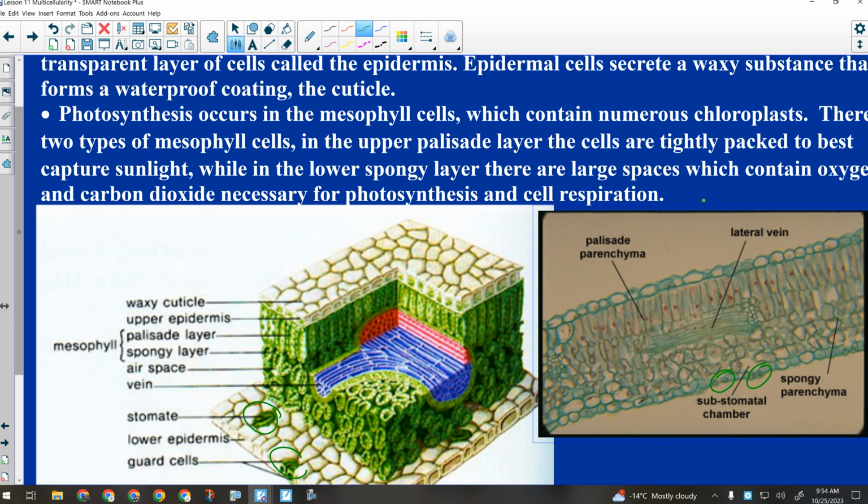The guard cells, they can do this. They're specialized to do this job. You need to be able to tell me, here's an example of a multicellular organism. Here's why it's multicellular, and here's some of the examples of specialization within it. That sort of makes sense? That's the end result that we're looking for in terms of that understanding.